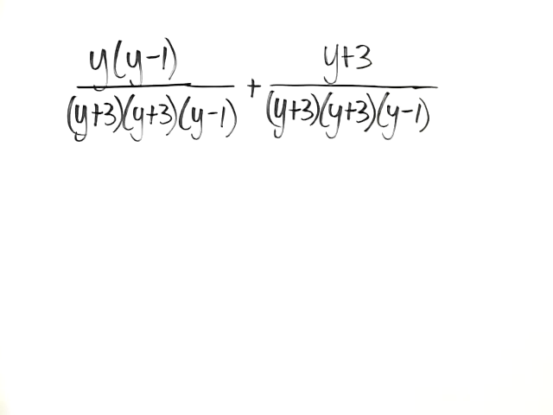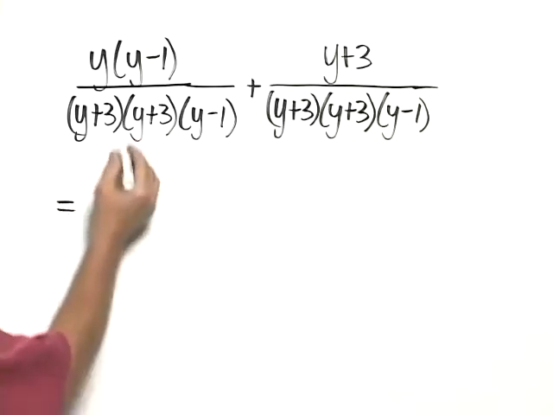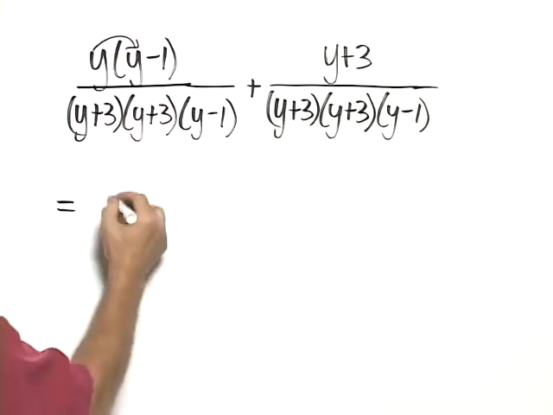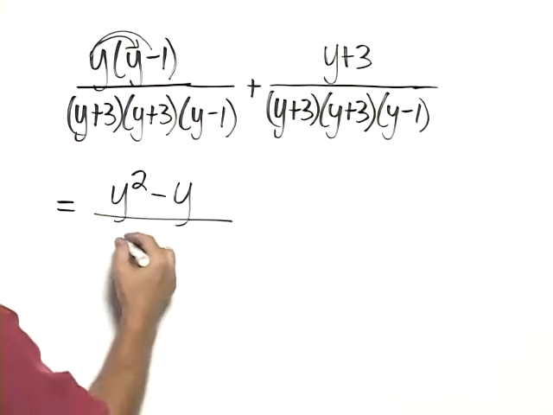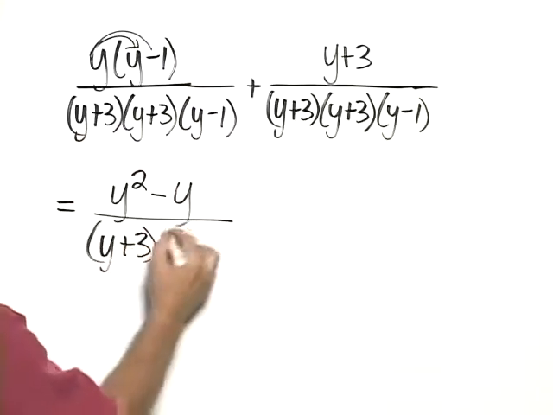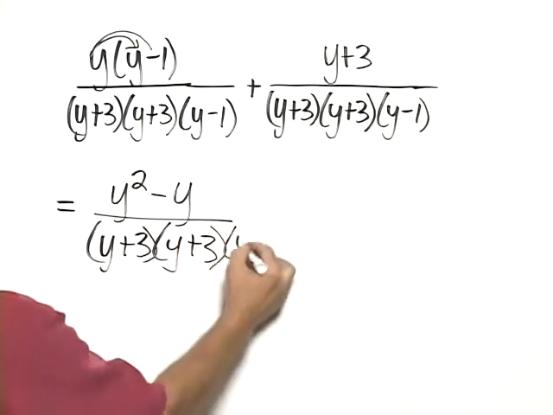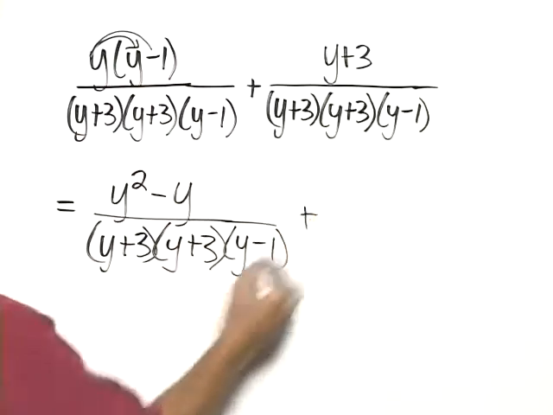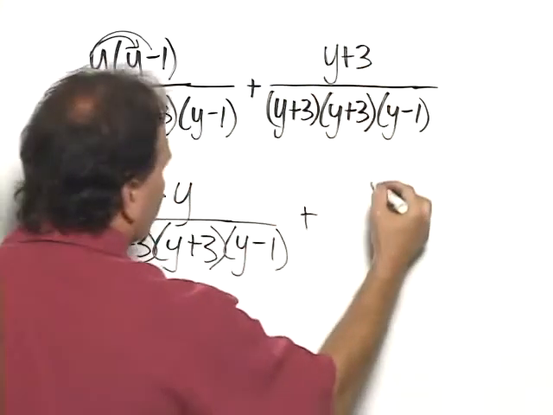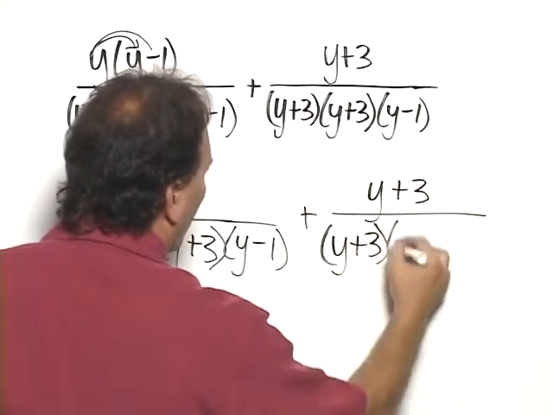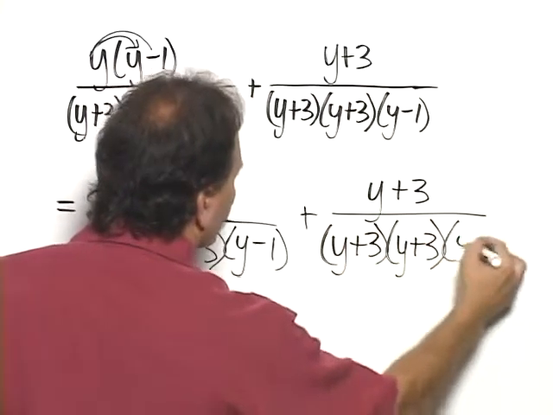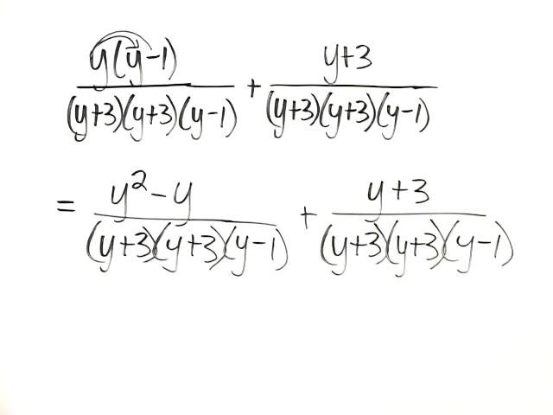Now that we have them over the same denominator, let's continue to simplify. So this would be equal to y squared minus y over y plus 3 times y plus 3 times y minus 1 plus, and this is already simplified, y plus 3 over y plus 3 times y plus 3 times y minus 1.